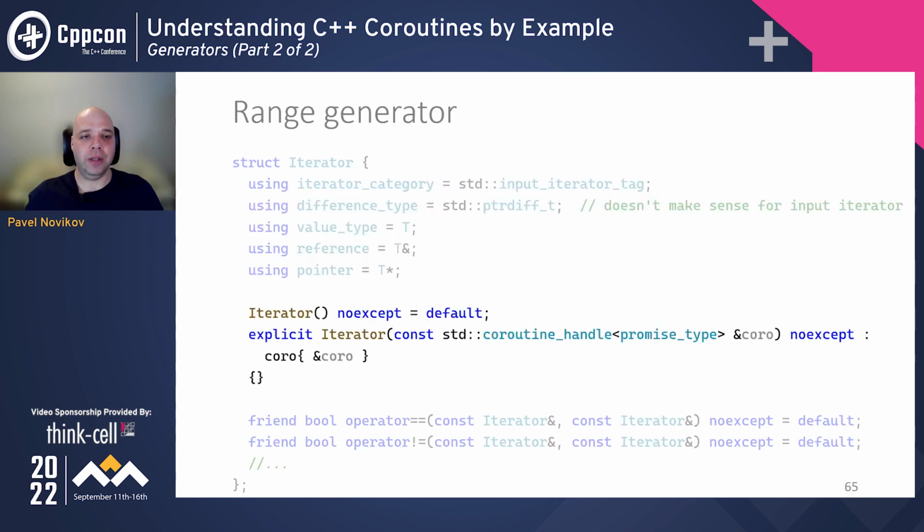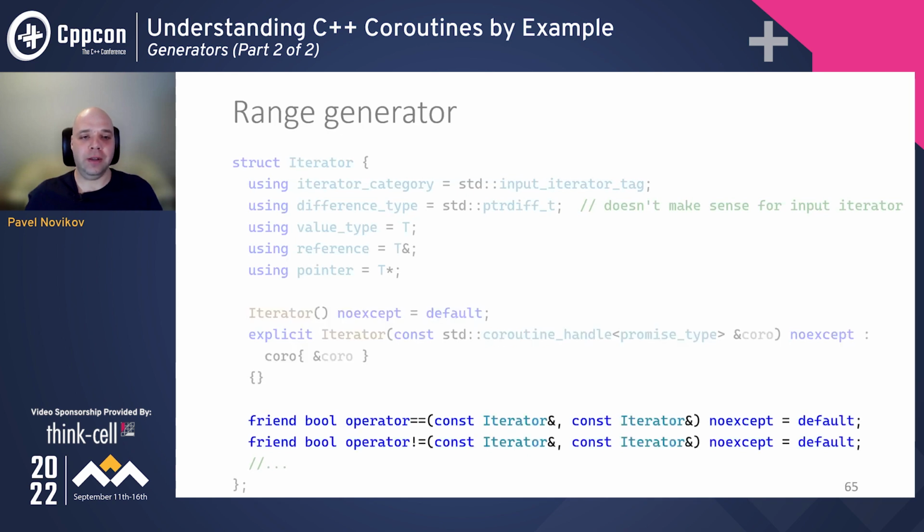The next two are constructors: the default constructor that basically constructs a sentinel iterator that we will use as an end iterator, and the other constructor is for construction of an iterator that is connected to or refers to some coroutine.